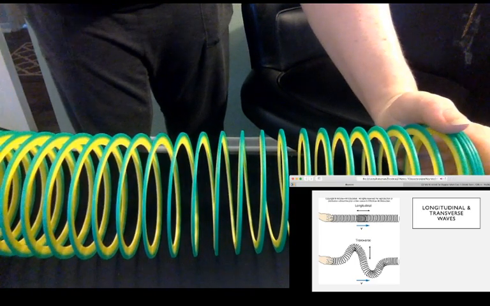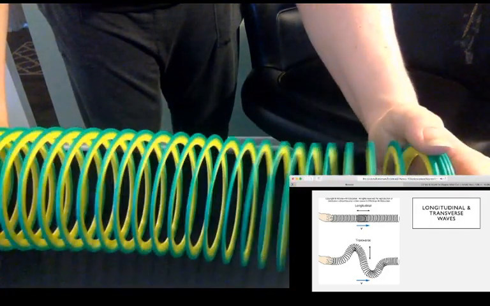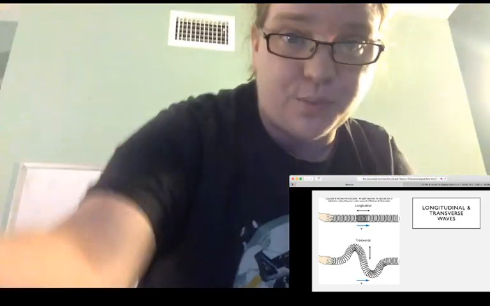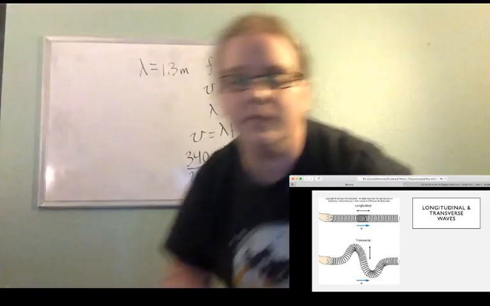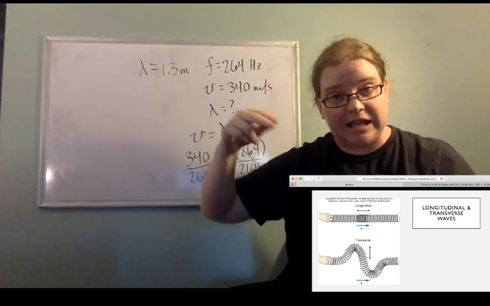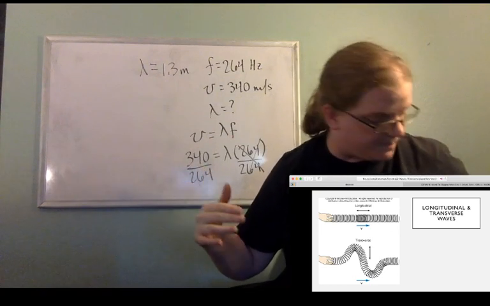Transverse waves, on the other hand, now I'm going to move my hand up and down, like towards the computer and away from it. And if I do that, see how different it looks? This is more like the other waves we were talking about. So for a transverse wave, the motion is up and down of the Slinky, the side to side of the wave.